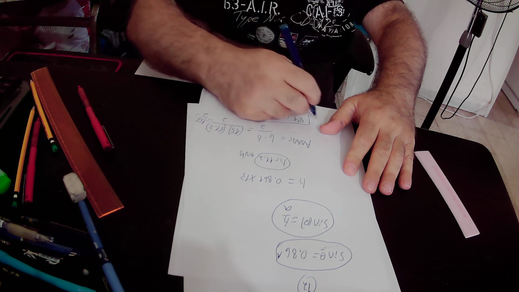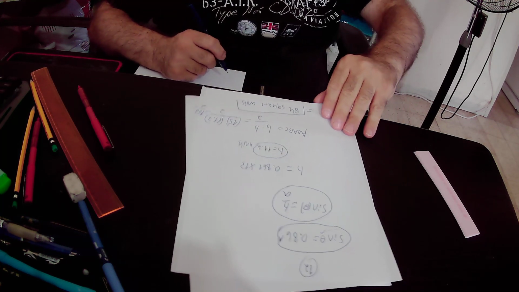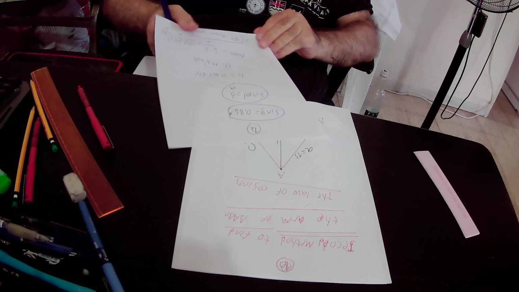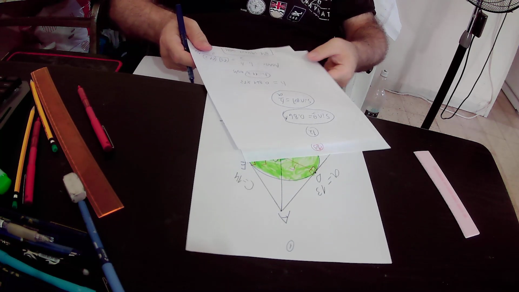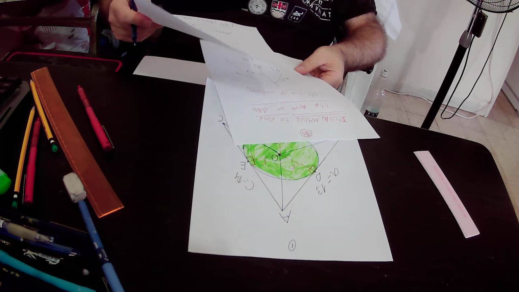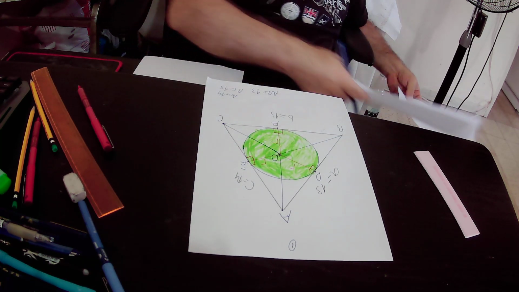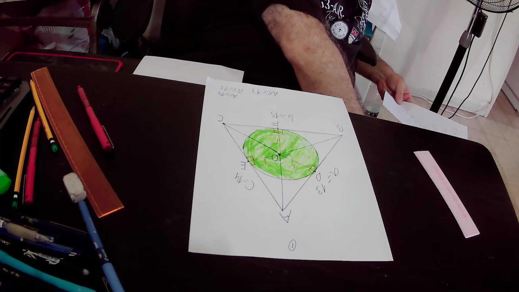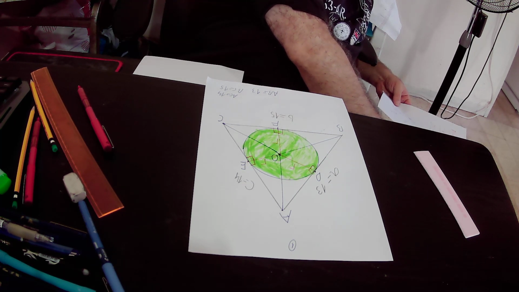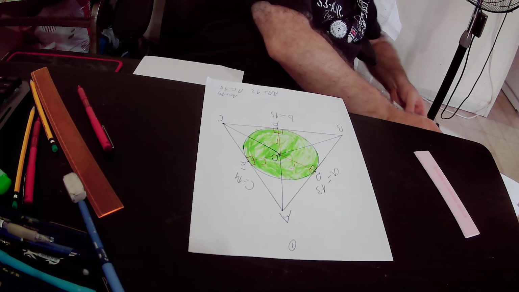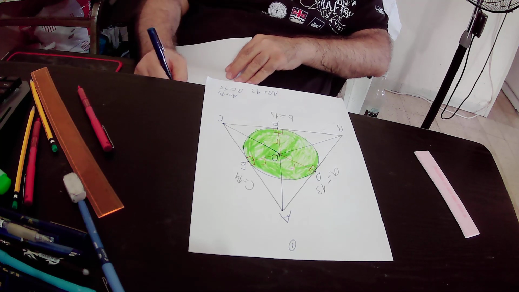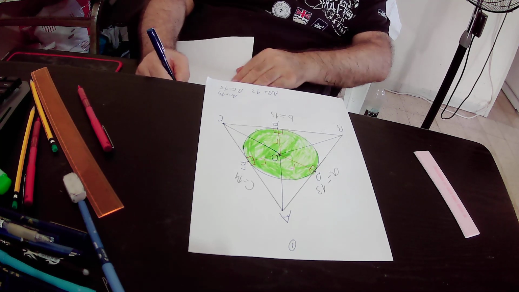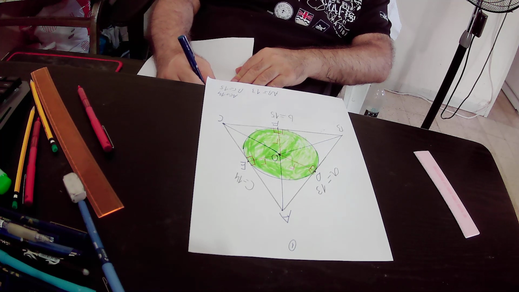Okay, so that was the second way to find the area of triangle ABC. In the next step, I will present the third method to find the area of triangle ABC.